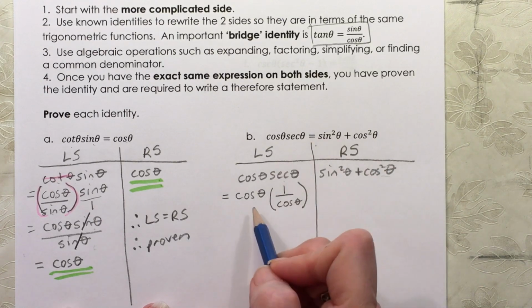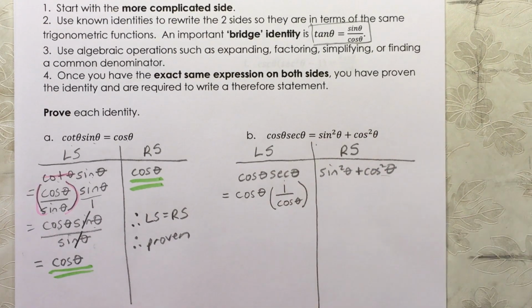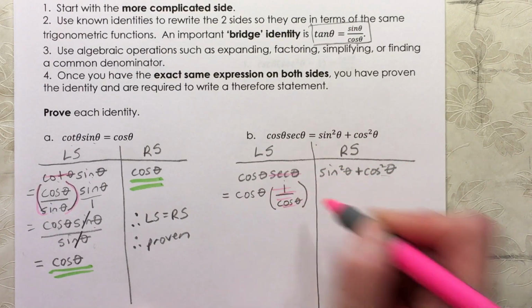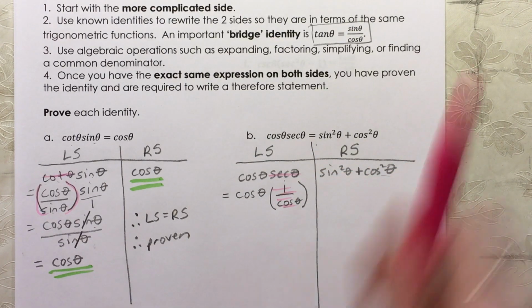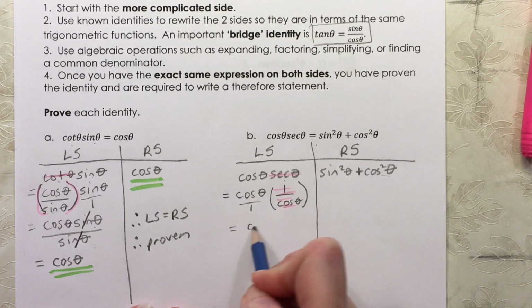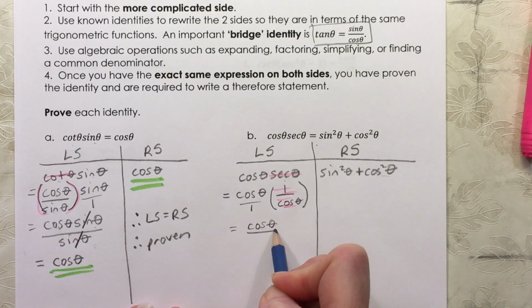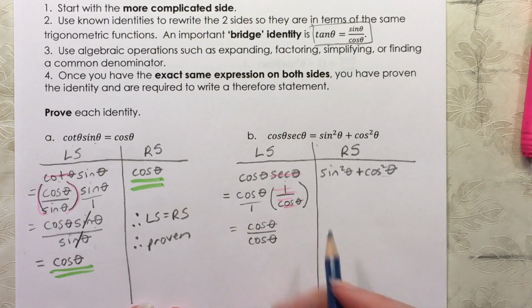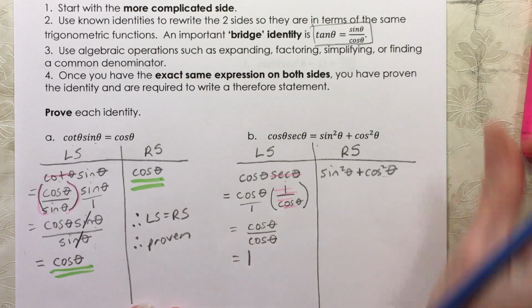Remember, these are really the same thing, just different ways of writing it. And now I can multiply, top by top, bottom by bottom. And then that turns out to be 1.